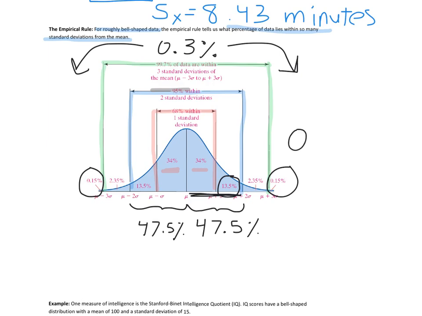So 0.3 divided by 2 is that 0.15%. So that's how they're getting that final percent. Okay, so that's how we are breaking up all the parts of the curve. The actual empirical rule is just this part that we have highlighted in red, blue, and green. That's the empirical rule. So let's see how we're going to use it.